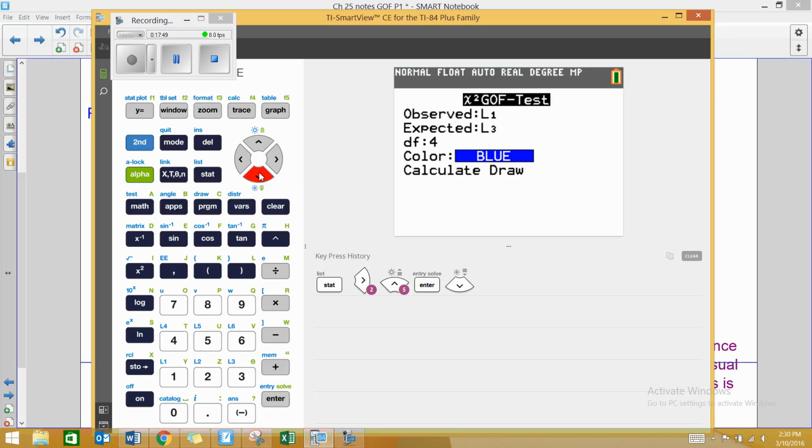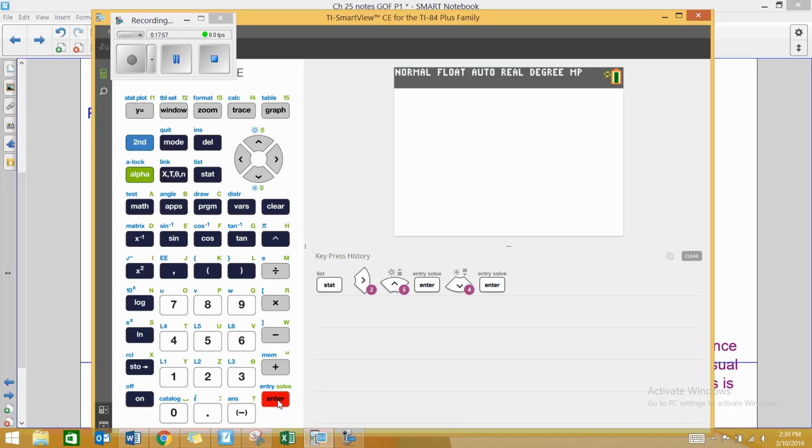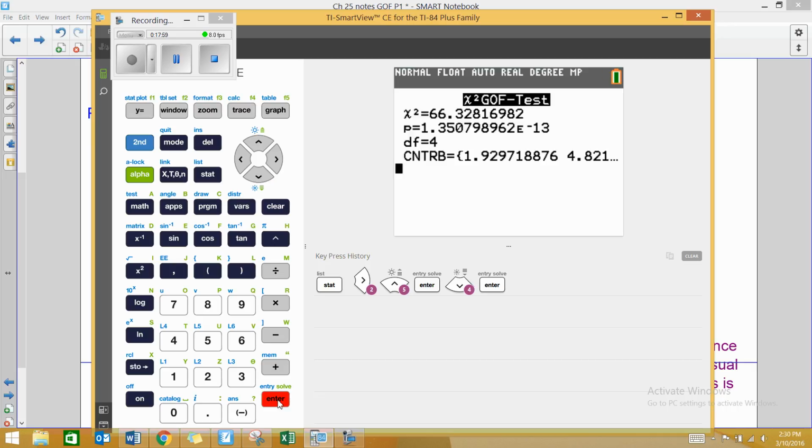My observed are in list 1, my expected are in list 3. This is a degrees of freedom of 4. And I'll calculate. So we calculate, and we get roughly the exact same, give or take some rounding, a chi-square value of 66.3 with a p-value of, again, 1.35 times 10 to the negative 13.